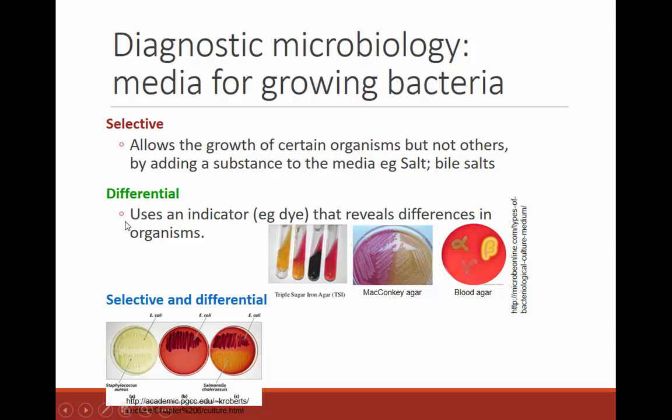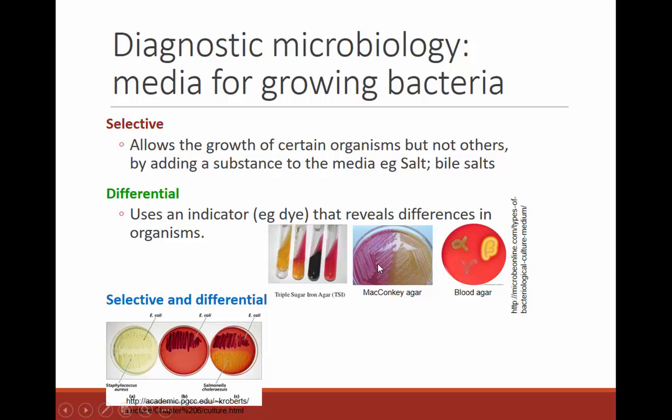Sometimes we might want to look at different characteristics of their metabolism. If you have one type of organism that will produce acid from a particular sugar and one type that doesn't, we can put that sugar in an agar, and if we've got a mixed culture, then we can actually see which will ferment the sugar or not. We do that by adding an indicator.